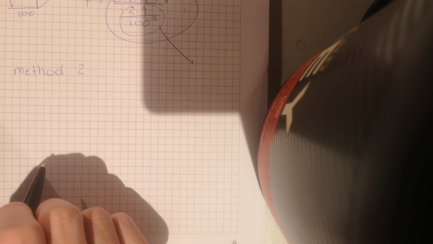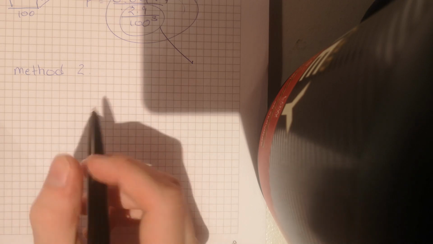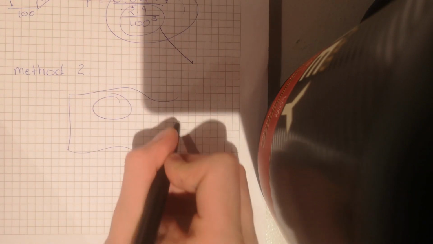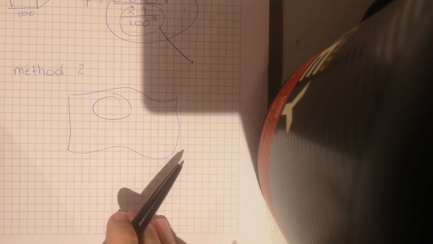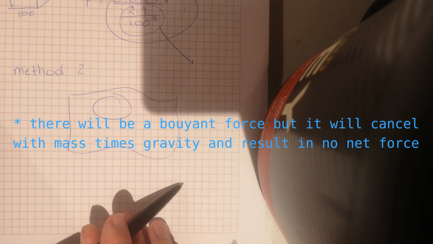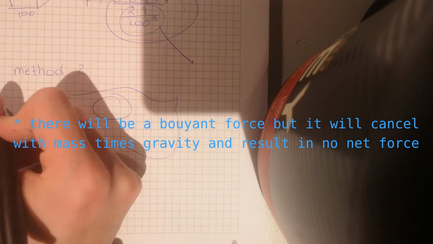The way I think of the solution, to get an overview of it, is I would imagine the coin to be the same density as the liquid. If you have a coin submerged in a liquid of equal density, then there will be no buoyant force.